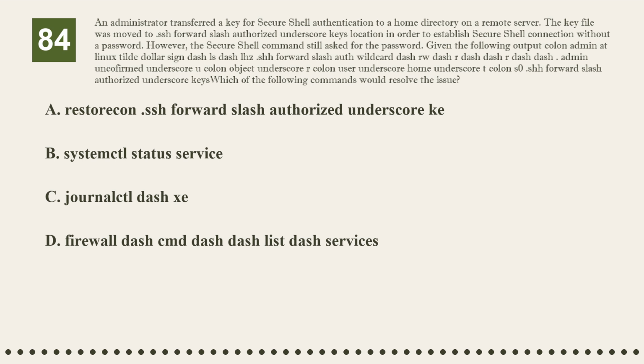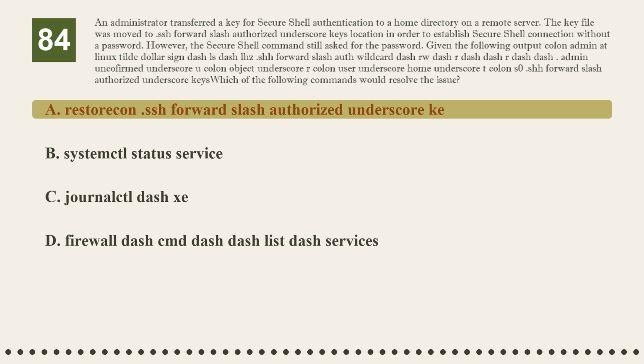Option A, restorecon .ssh/authorized_keys. Option B, systemctl status service. Option C, journalctl. Option D, firewall-cmd --list-services. The correct answer is option A, restorecon .ssh/authorized_keys.